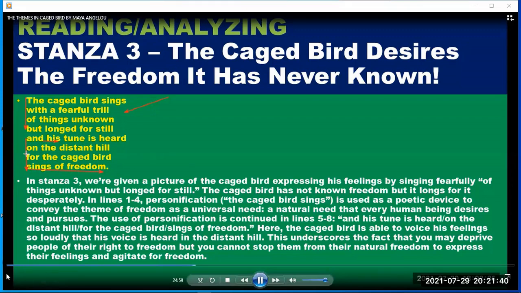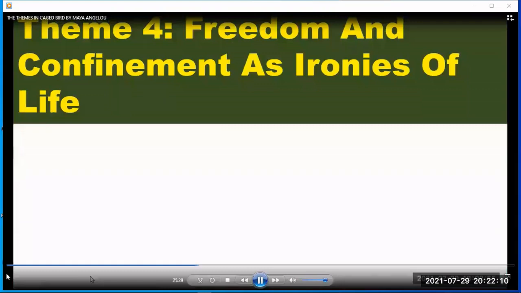And so this poem explores the importance of freedom as a unique human phenomenon, what every living soul is really longing for. And of course, the right to freedom cannot be stopped. No matter how long it takes, every human being will agitate for freedom if they are deprived of it. So that is what the poem is about.